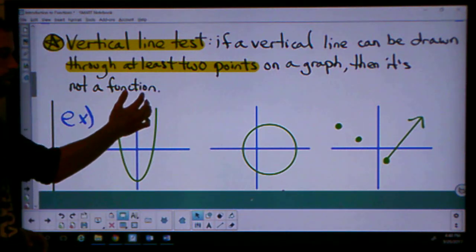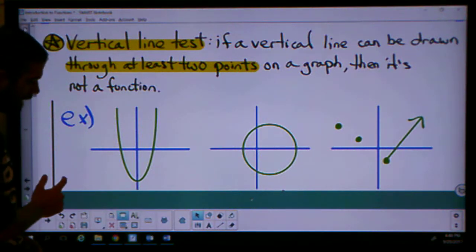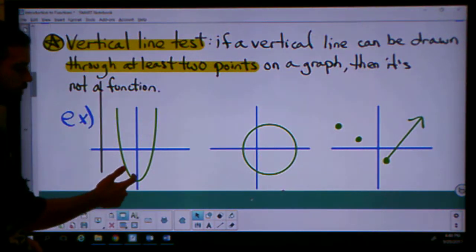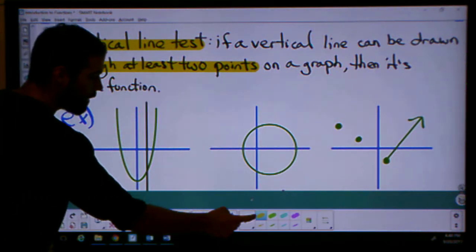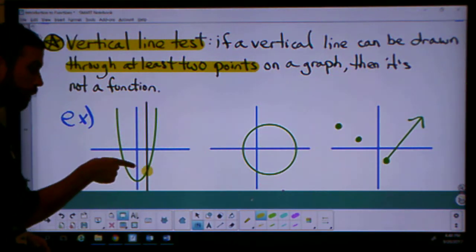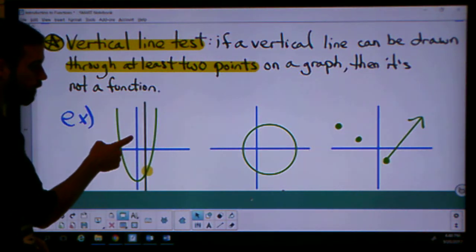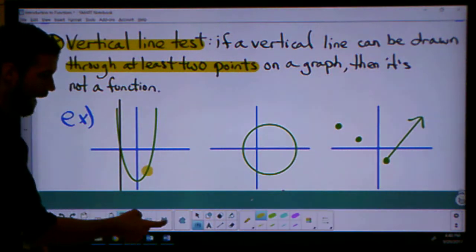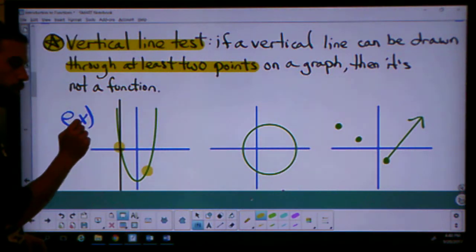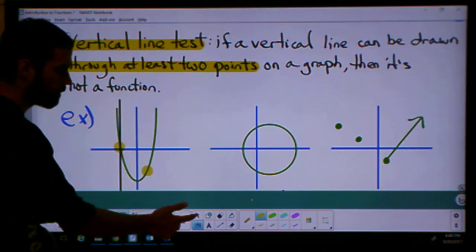If we look right here at this first graph, it's shaped like a U. If I take a vertical line and I place it right here, for instance, you can see that it is only passing through one spot on this graph. Likewise, if I move the line to right here, it's still only passing through the graph at one location. The graph being the green line, by the way, if that wasn't obvious.